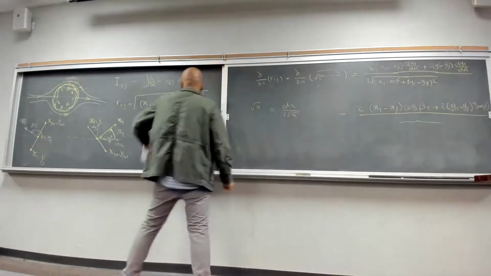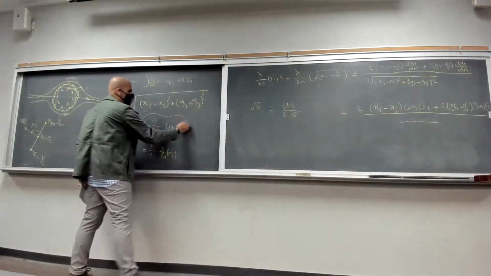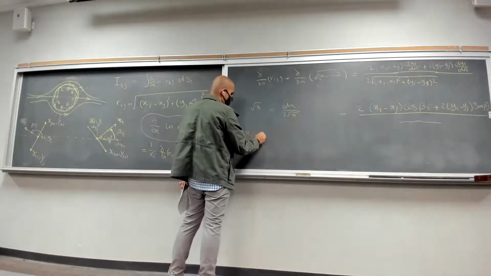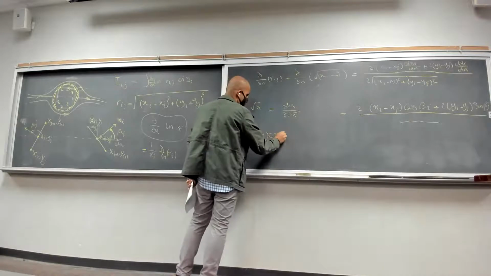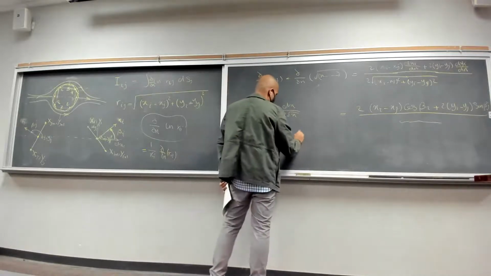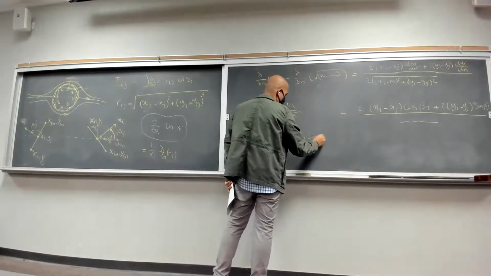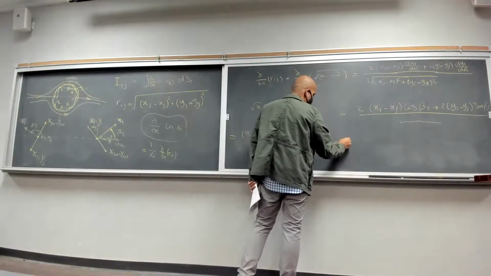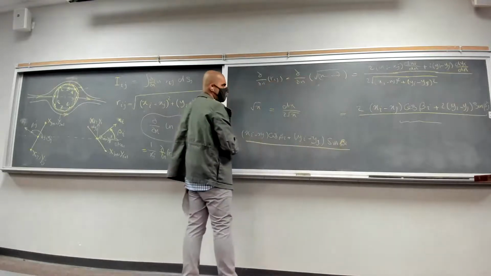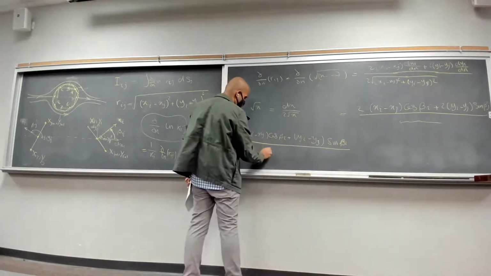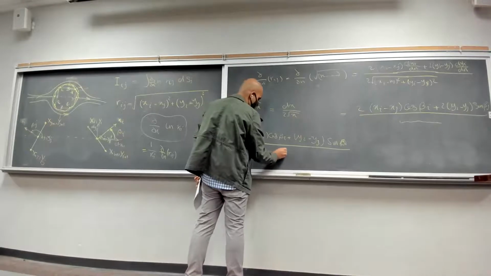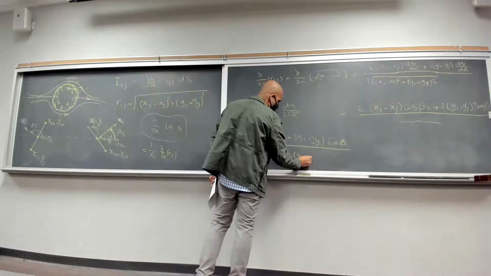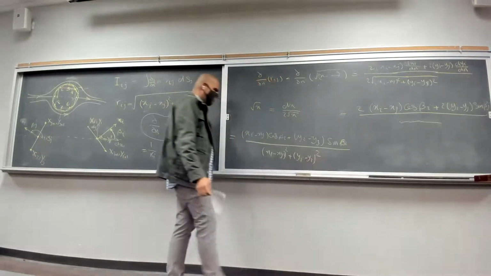Eventually, this value is going to be equal to xi minus xj cosine of beta I plus yi minus yj sine of beta I, divided by xi minus xj squared plus yi minus yj squared.